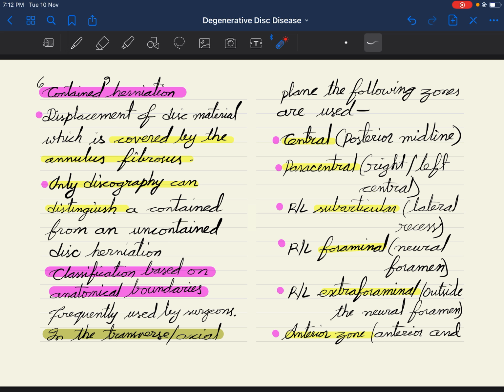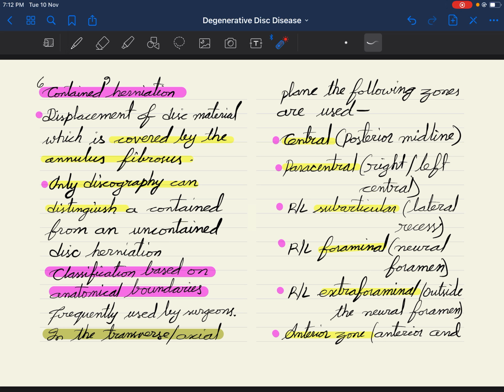There may be herniation in the right or left foraminal region, that is into the neural foramina. Herniation may also be in the extraforaminal space, that is outside the neural foramen.